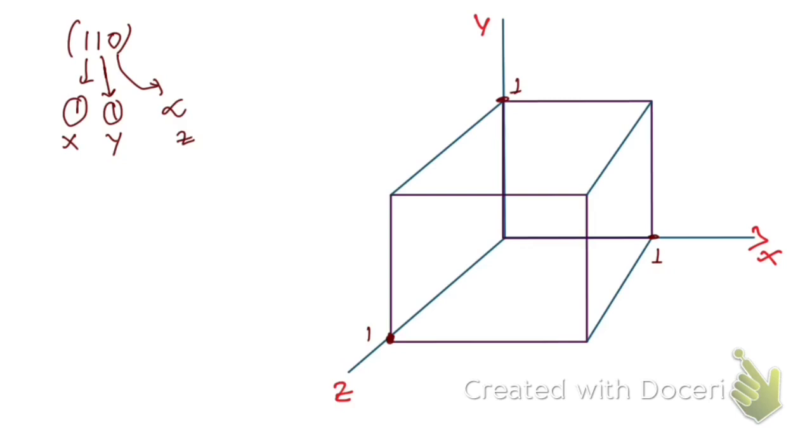That means the plane doesn't intersect the z axis. It is parallel to the z axis.